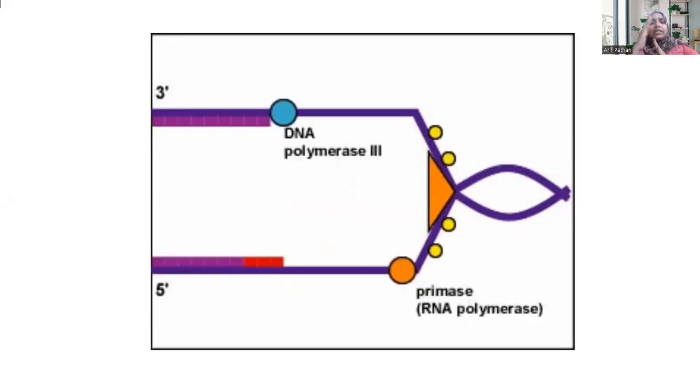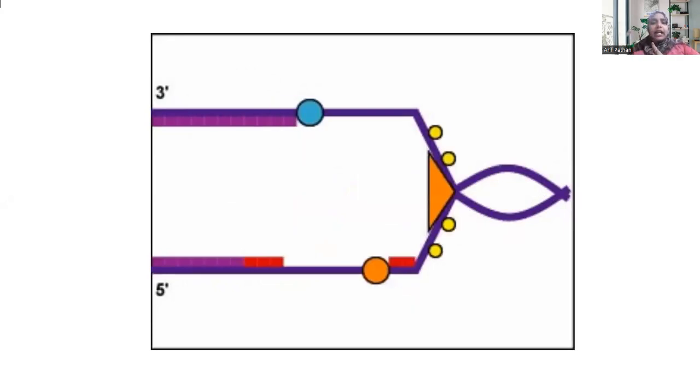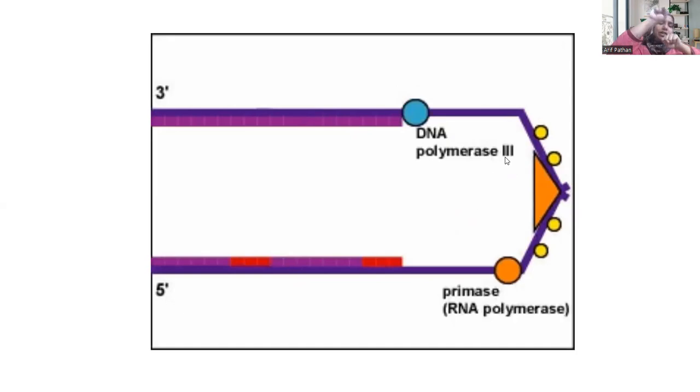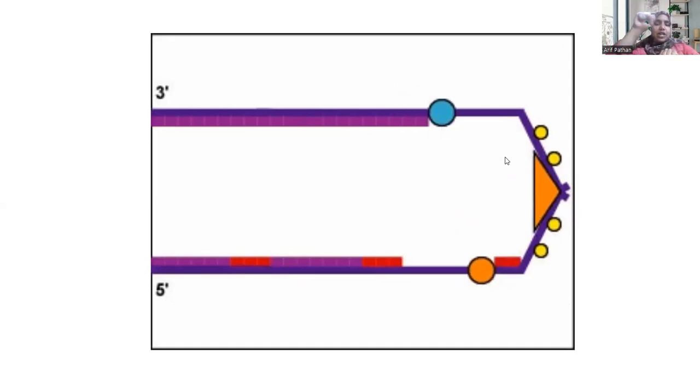Helicase moves forward step by step. Then again RNA primer. So this is how in short fragments the DNA daughter strands will be made, and single-stranded binding proteins will keep the two template strands away from each other till the replication is happening.